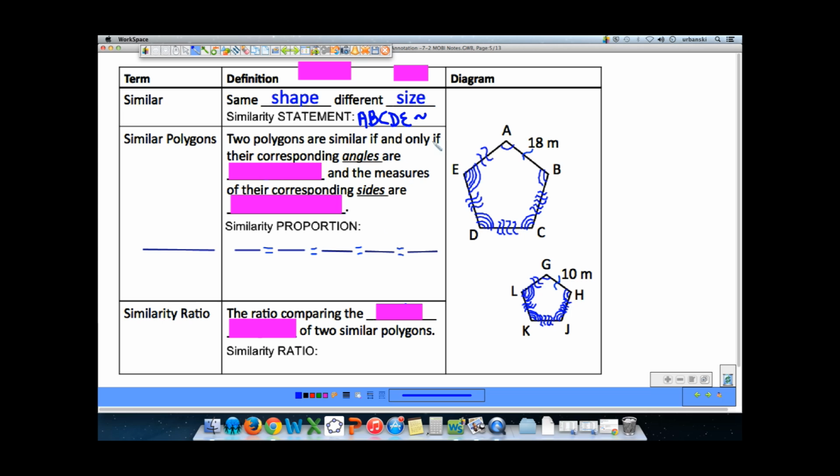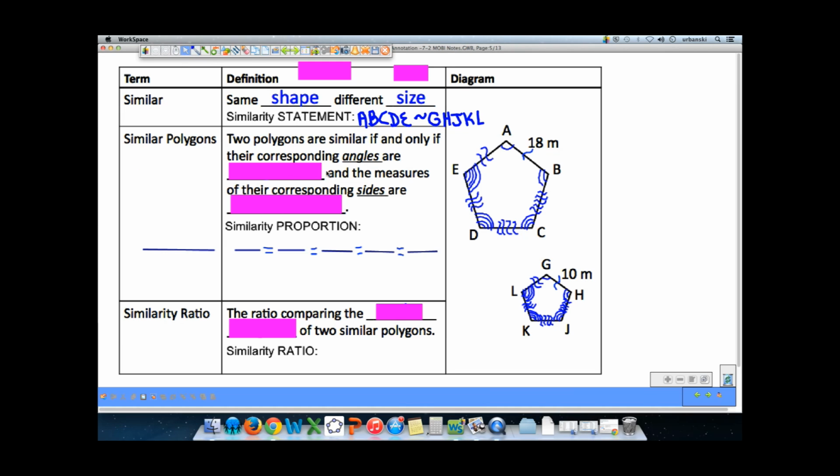Now just look for the ones that match up. A has one mark and G has one mark. So A goes with G. B has two marks and H has two marks. That means that B and H go together, and so on. G, H, J, K, L. Anytime the directions ask you to make a similarity statement, that's what you do. Use a similarity symbol right there.